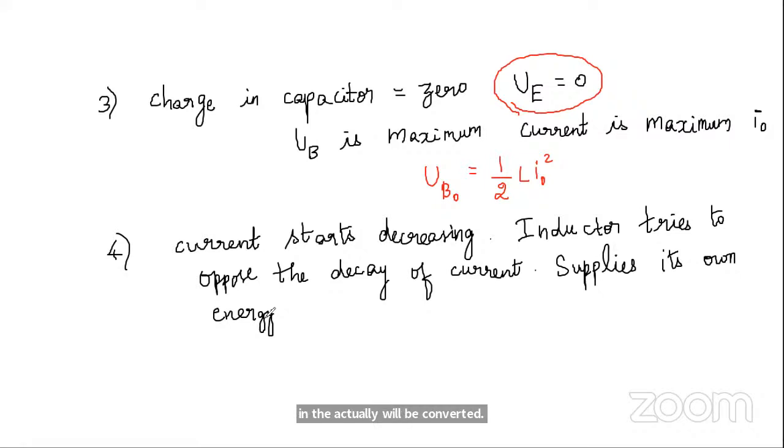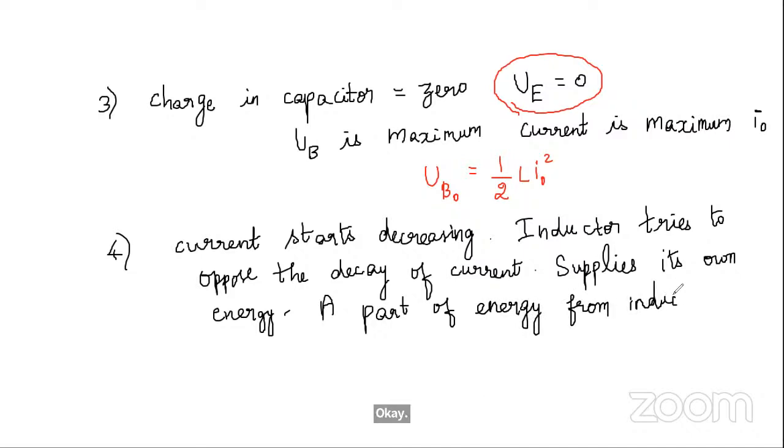A part of the energy from the inductor is converted to electrical energy in the capacitor by charging the capacitor.